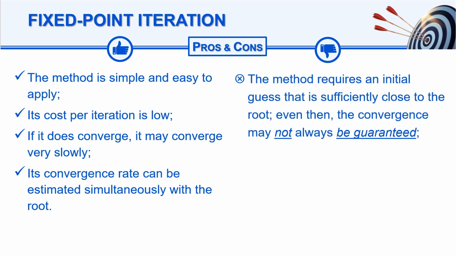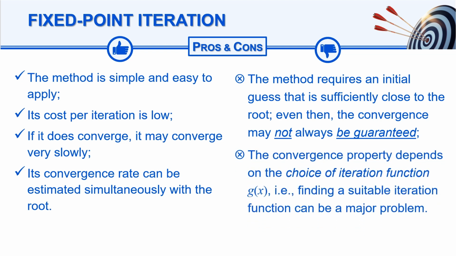The method requires an initial guess that is sufficiently close to the root. Even then, the convergence may not always be guaranteed. The convergence property depends on the choice of iteration function g(x), i.e., finding a suitable iteration function can be a major problem.